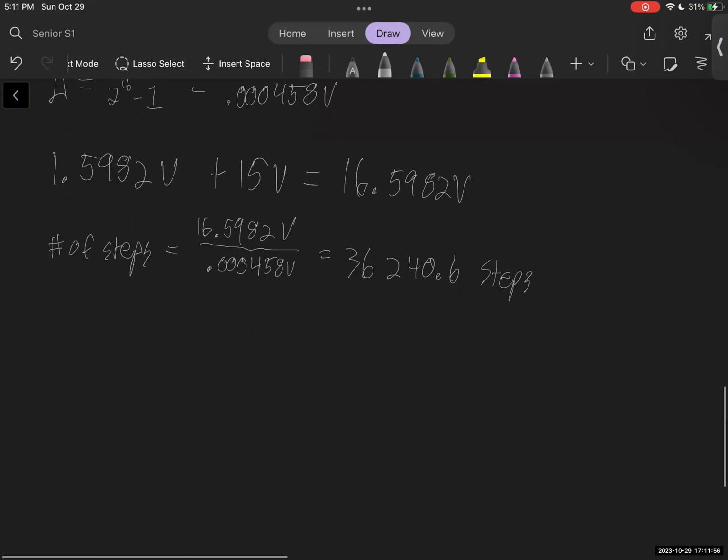If we had done it with just our initial input signal value of 1.5982 divided by that value, we would have only gotten roughly 3,490. Does that help you conceptualize why we shifted up?